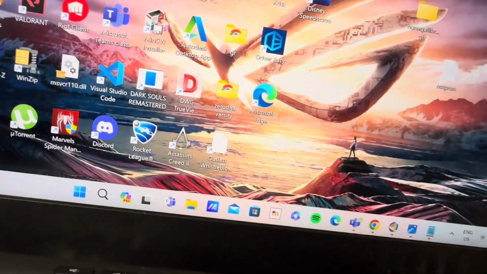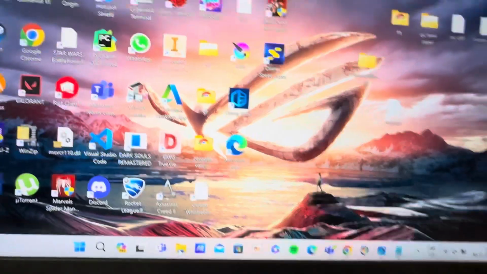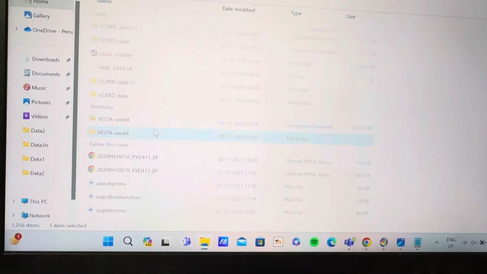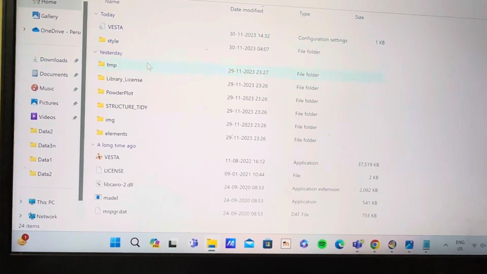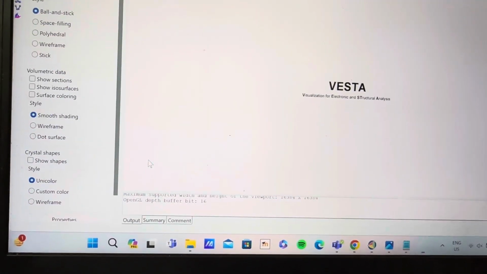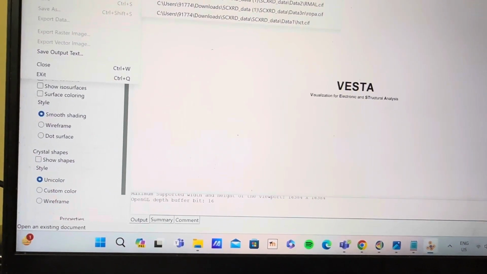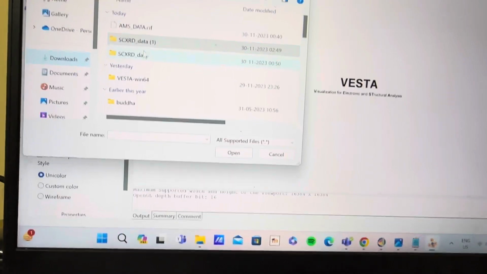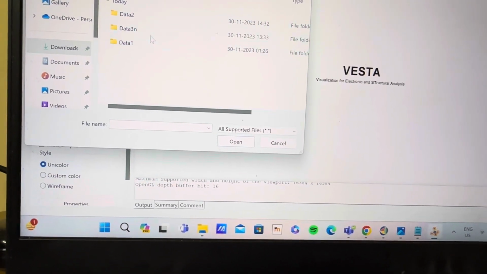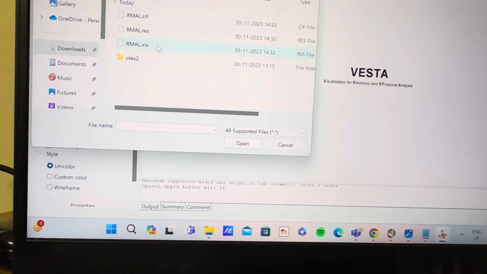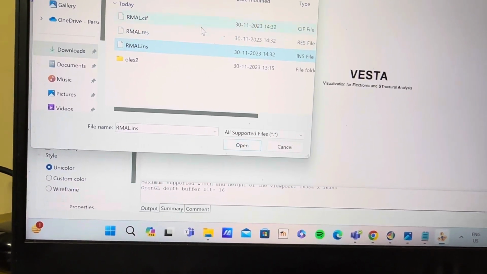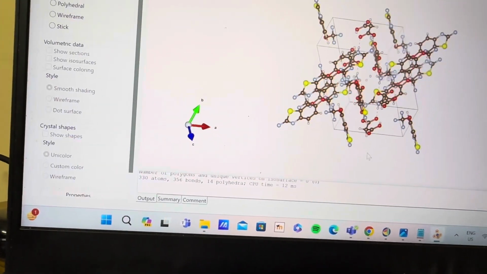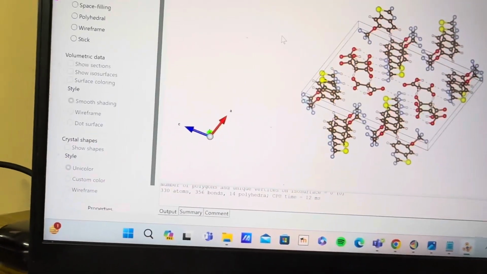Let me open the ZIP file again, sorry. It can be visualized here.